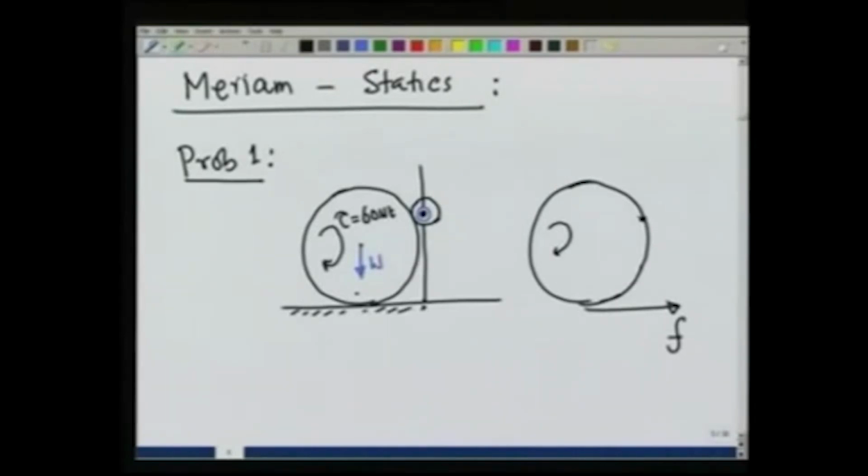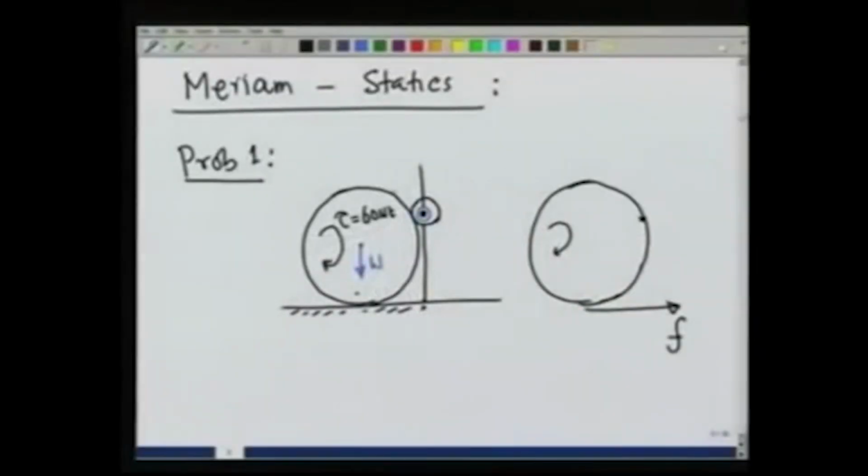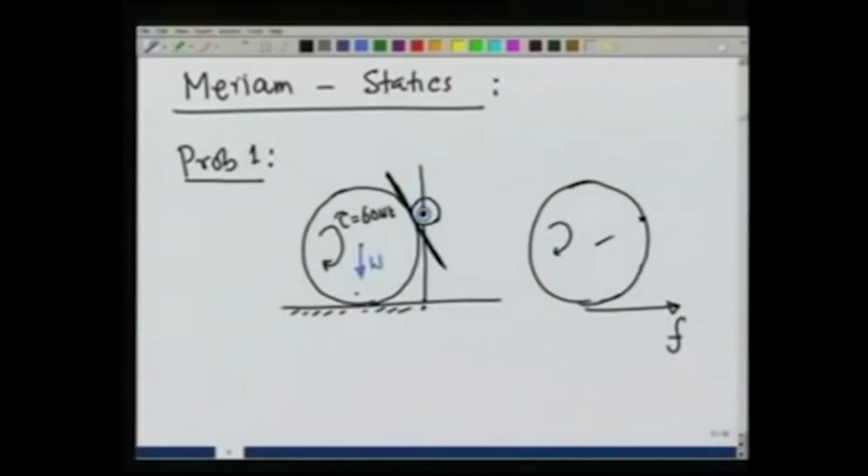What about the direction of this force? Since the roller is free to move, there cannot be any force in the horizontal direction like this. If there were a force, this roller would start moving. Therefore, the only force is in the direction perpendicular to the surface and in this direction. We are given that this angle is 30 degrees.